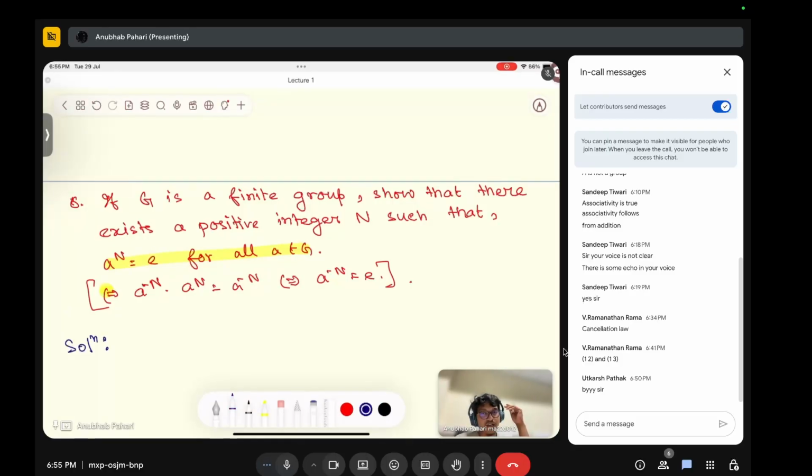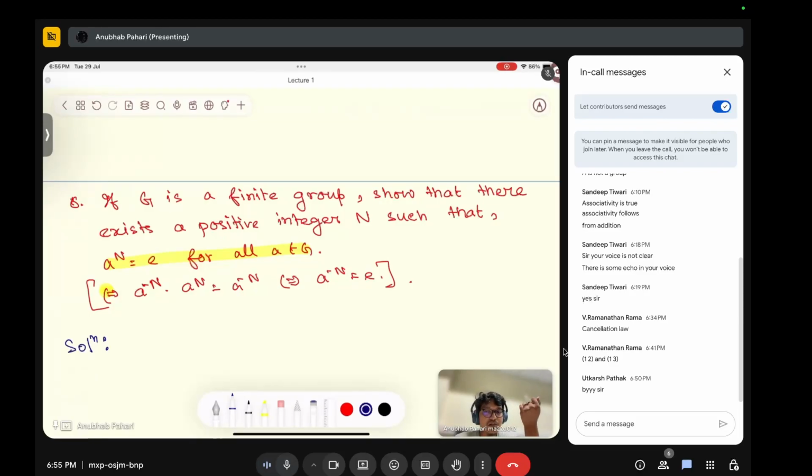Now this n is positive, so it has a lower bound, because n starts from 1, so there should be a minimum positive integer which satisfies this.